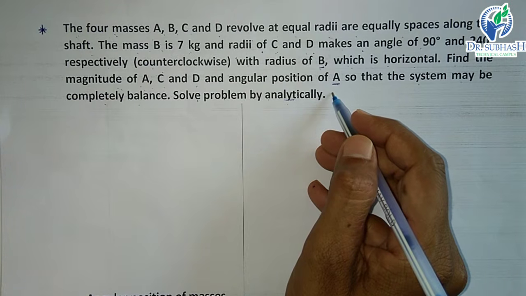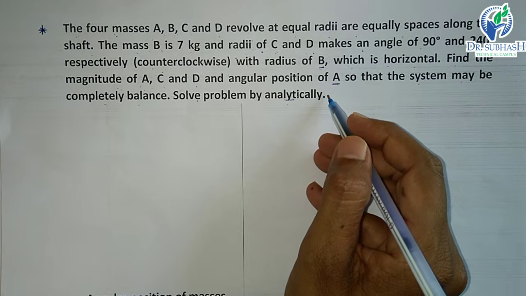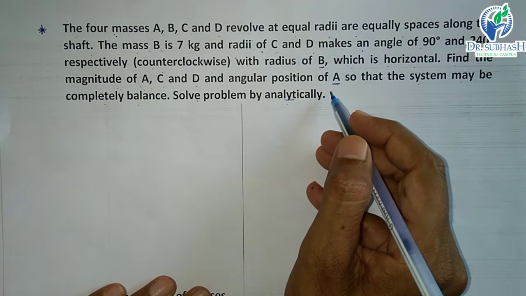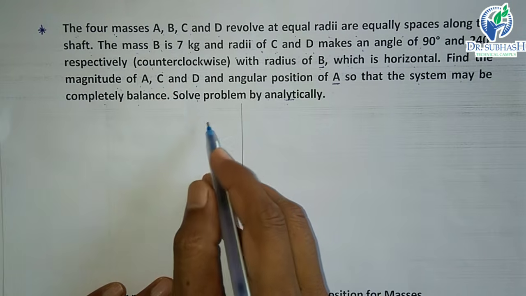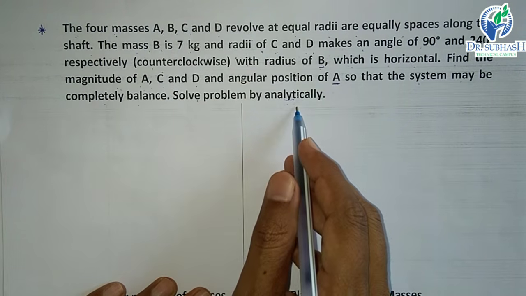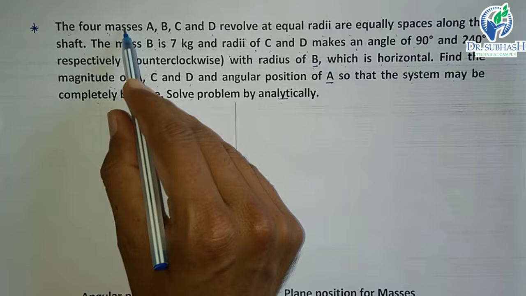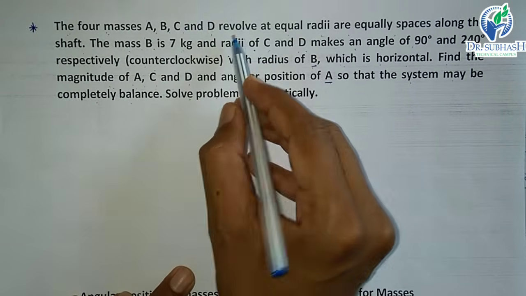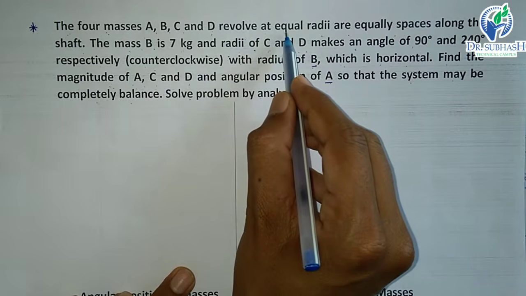My dear friends, we have already solved some examples on balancing of rotating masses by the graphical method, and today's problem is for the analytical method. Here four masses A, B, C and D are given, and these masses revolve at equal radii.